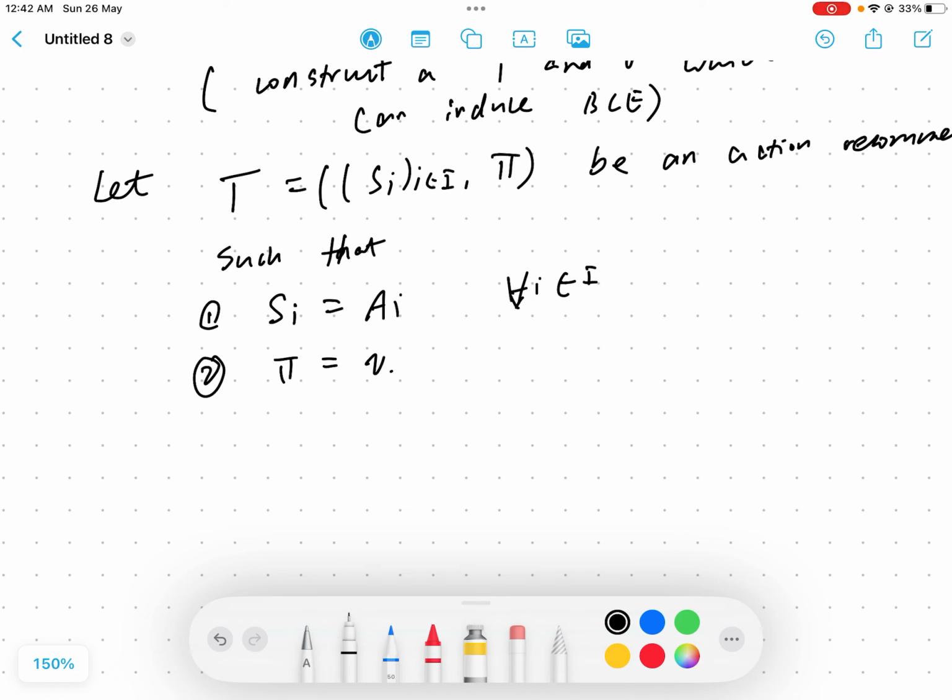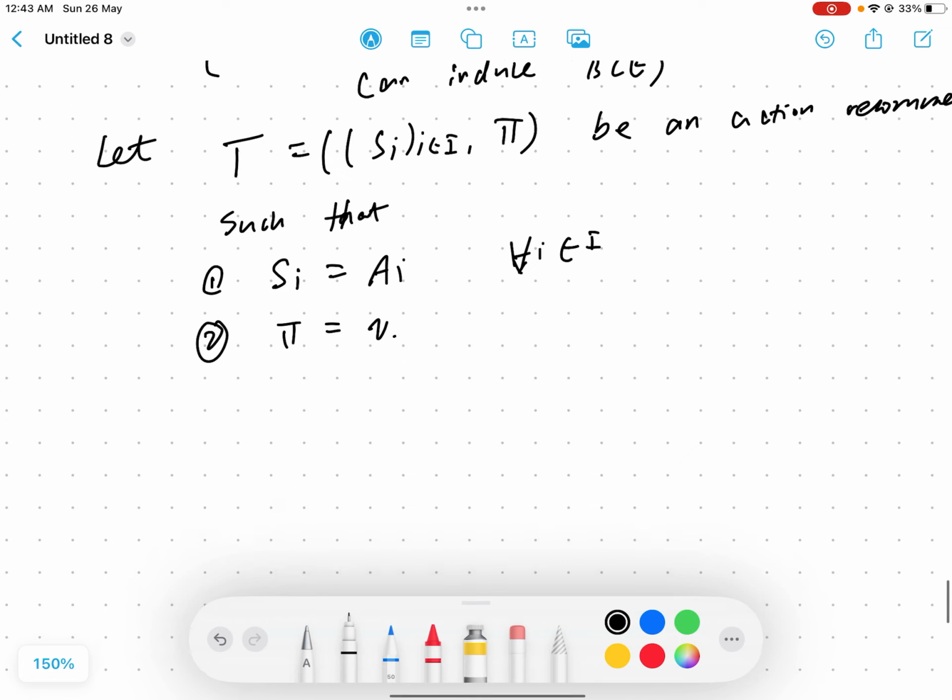So that's how we're constructing that. As long as we can show that those T and sigma can induce the BCE, then we will have successfully constructed this T and sigma, right?